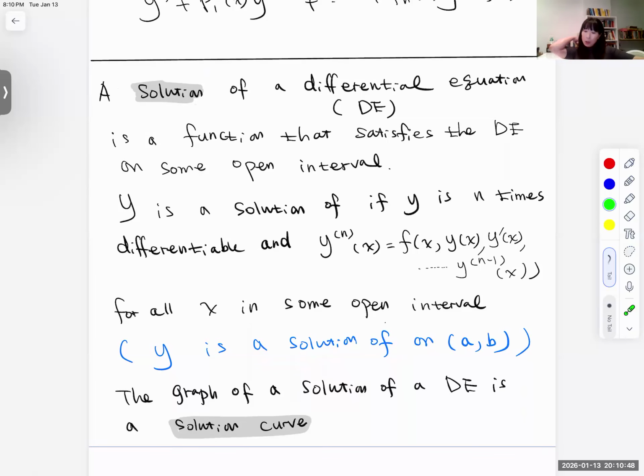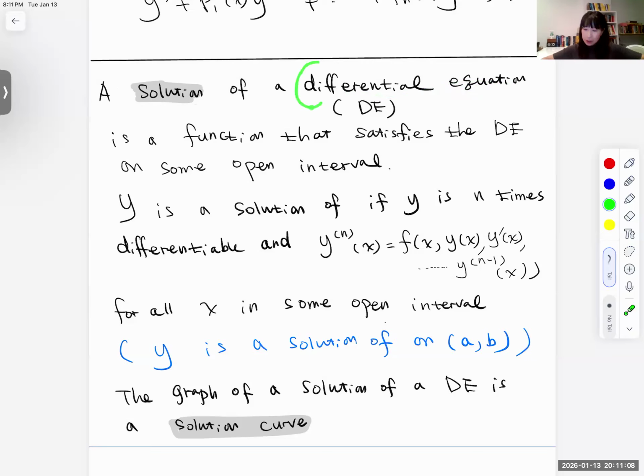So we have a solution. Differential equation, so let me denote it DE, because it's a long name, like a course subject, right?